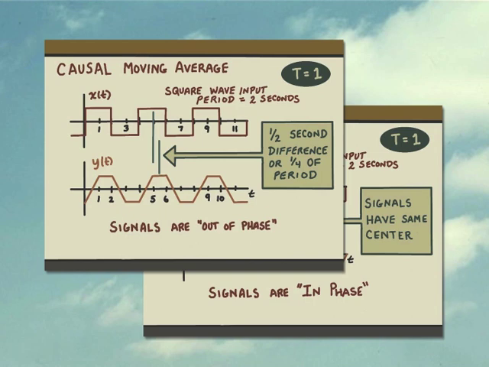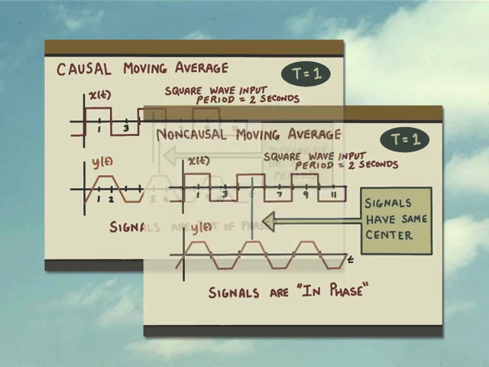This is a natural consequence of averaging with a causal system. But the non-causal system could respond with the output being in phase with the input. This is one characteristic that non-causal systems may have, but it is not required of non-causal systems.